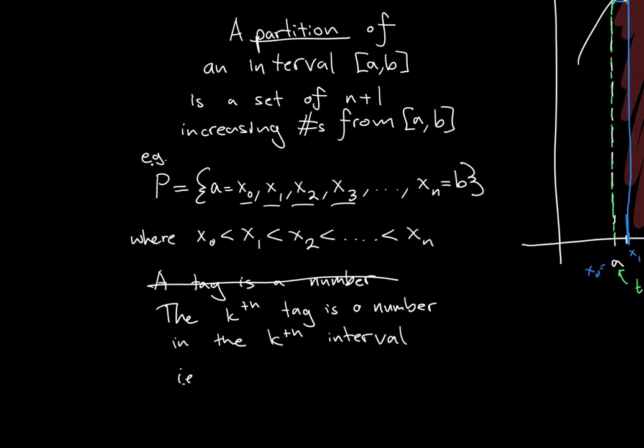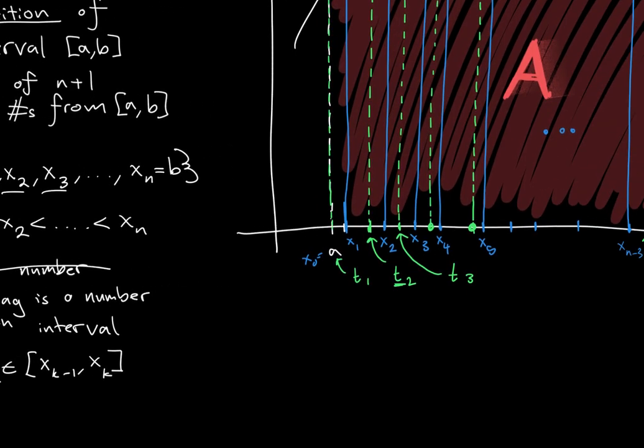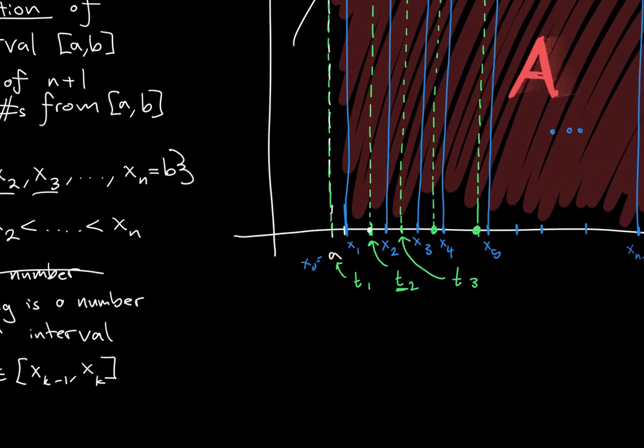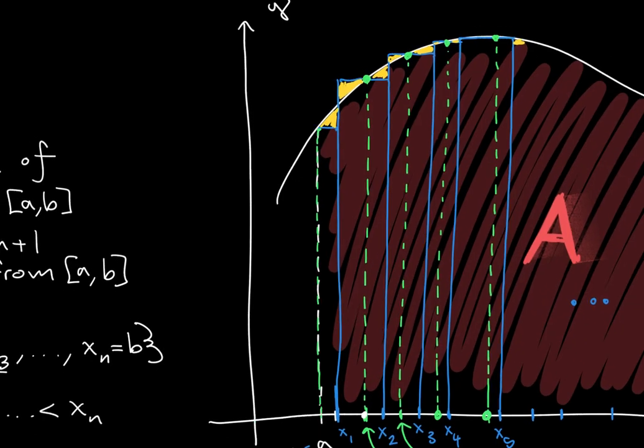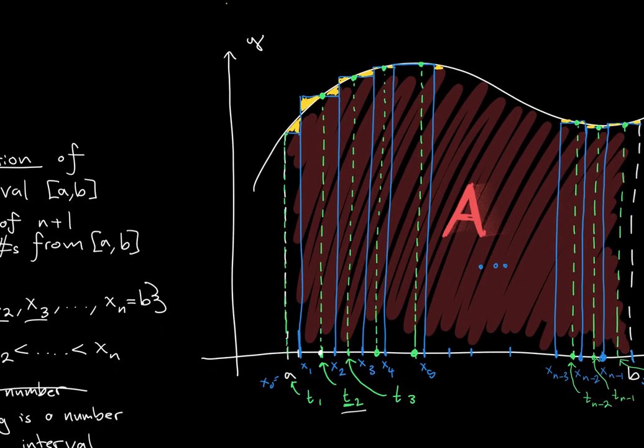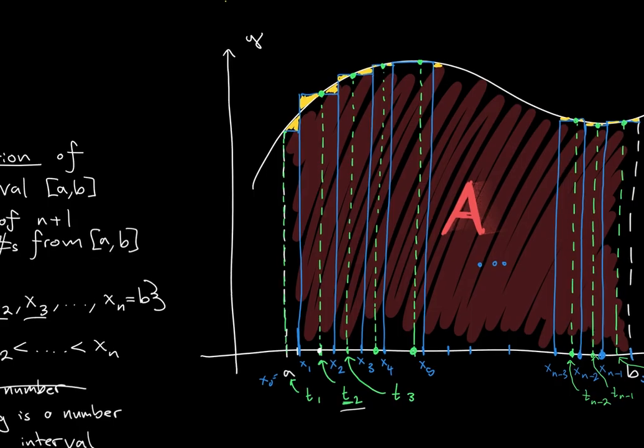In other words, t sub k exists in the interval, and this is all going to be made more official here in a second. This would be x sub k minus 1 to x sub k. And that's in the picture, right? So t is just one of these green numbers that exists in the second interval. T sub 2 is just some number in the second interval. And this is simply where it's an arbitrary number where we take our rectangle's height. So for instance, the right-hand rule uses the right endpoint as the tag.